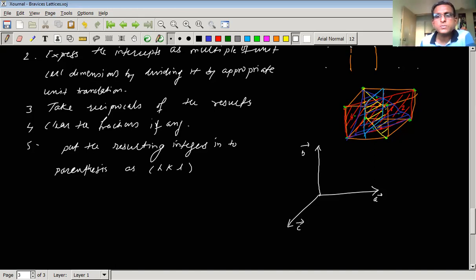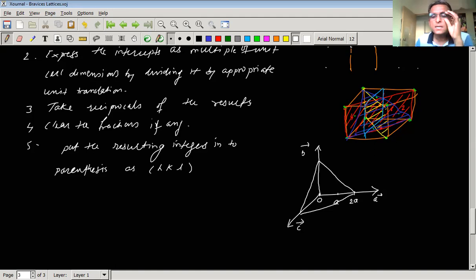Now, suppose this is the origin. Suppose we are having this plane.